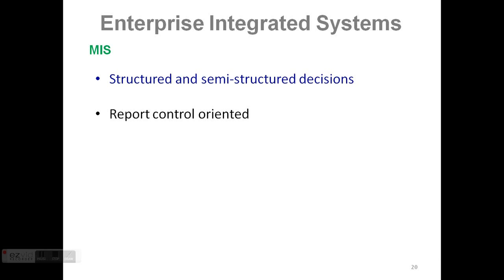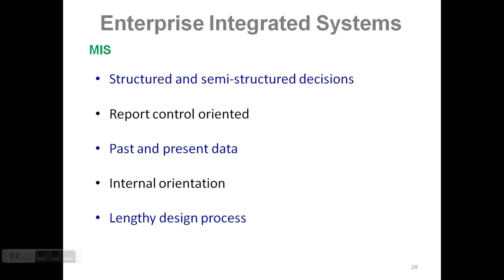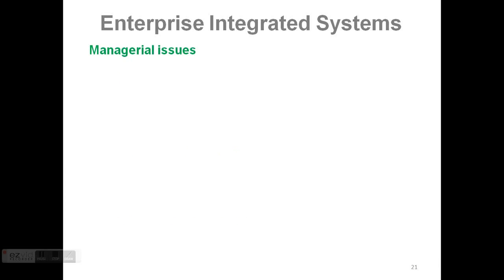And it is structured and semi-structured decisions, report control oriented, and it is about the past and present data. It is not about the future, so it is not a strategic system. It's internally oriented. It has nothing to do with suppliers or customers, and it has a lengthy design process throughout the organization.